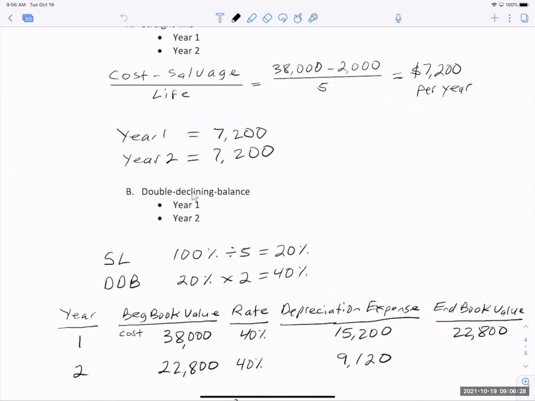The first step in the double declining balance method, and this is the rules of the game, is we have to figure out the double declining balance rate. What's that? That's twice the straight line rate. And you say, Tetra, that means nothing to me. I can appreciate that. But this is how you would do it.